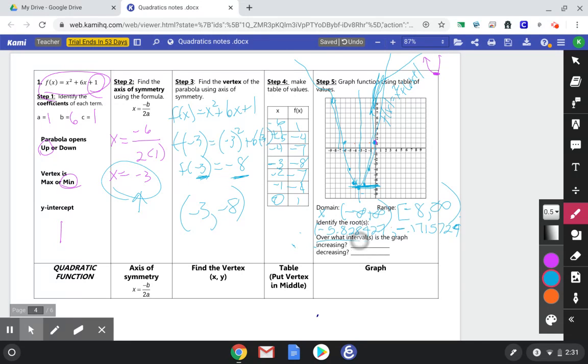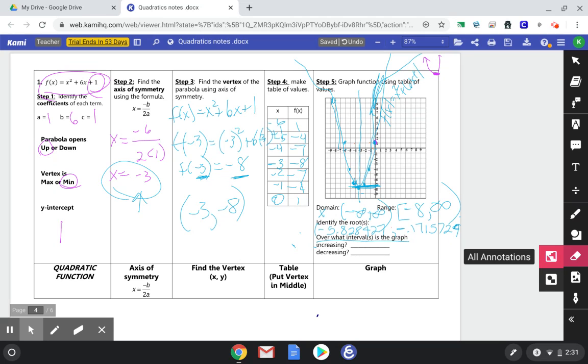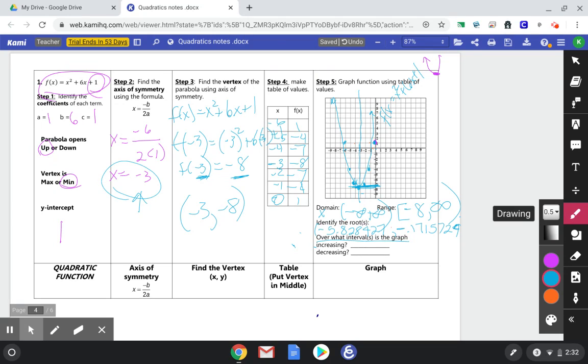Okay, then it says, over what interval is this increasing? This goes back to the beginning of the year again, when we talked about increasing and decreasing. When I look at my graph from here to here, it's coming down, down, down.